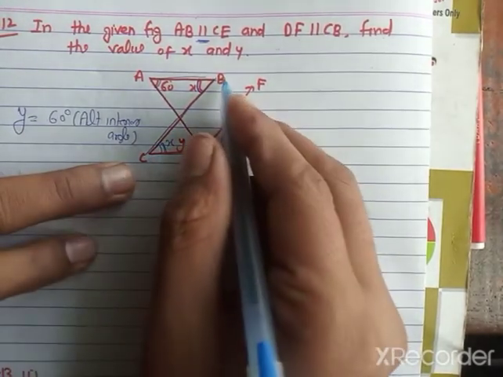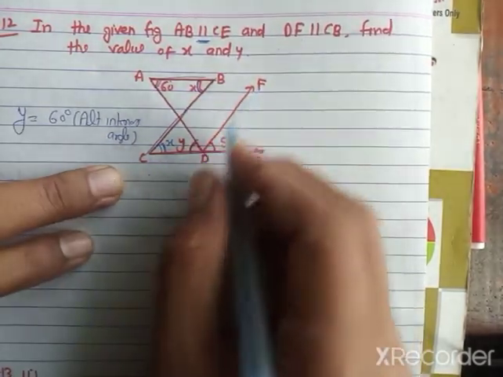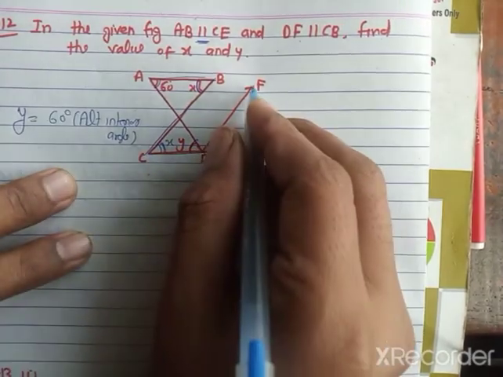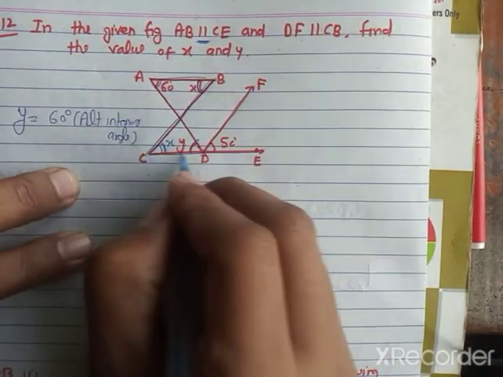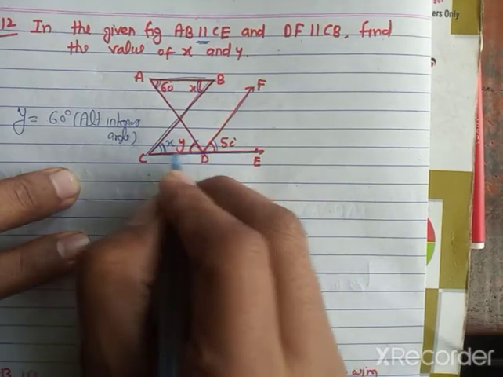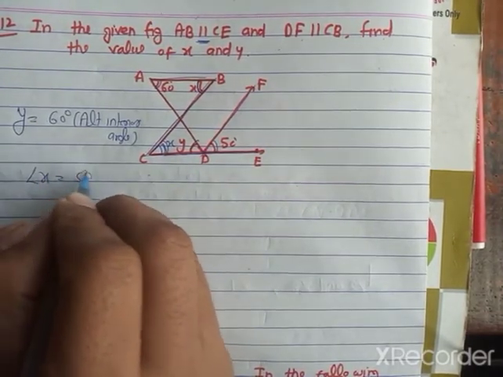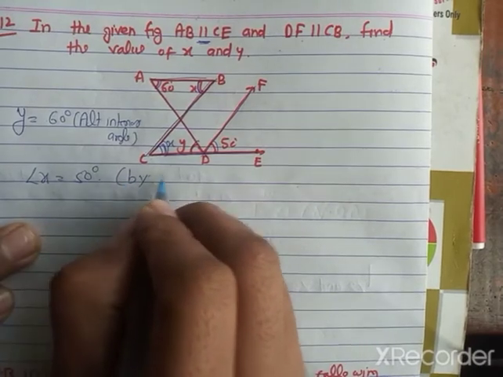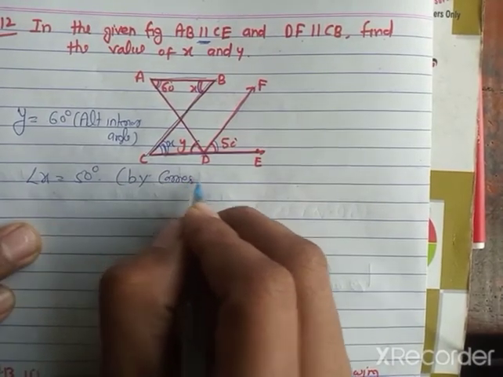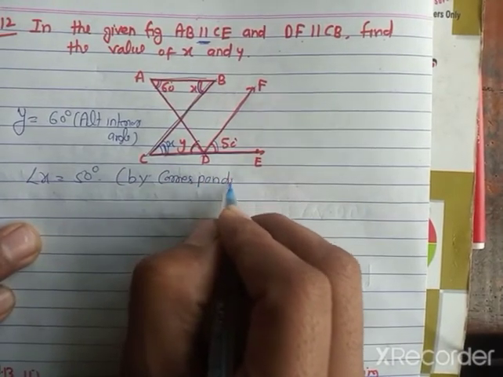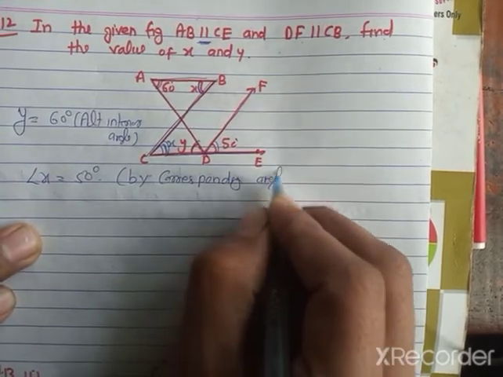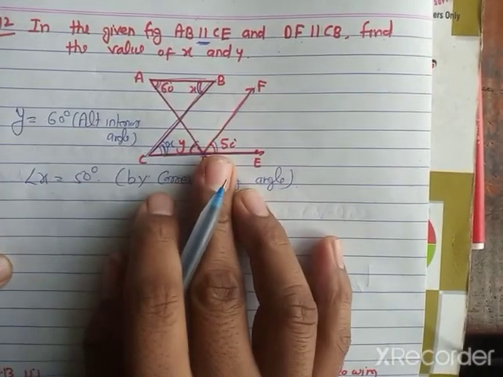And CB is parallel to DF. So if two lines are parallel and this is a transversal, then this angle is equal to this angle. It means angle X is equal to 50 degrees by corresponding angles. What is the reason, corresponding angle?